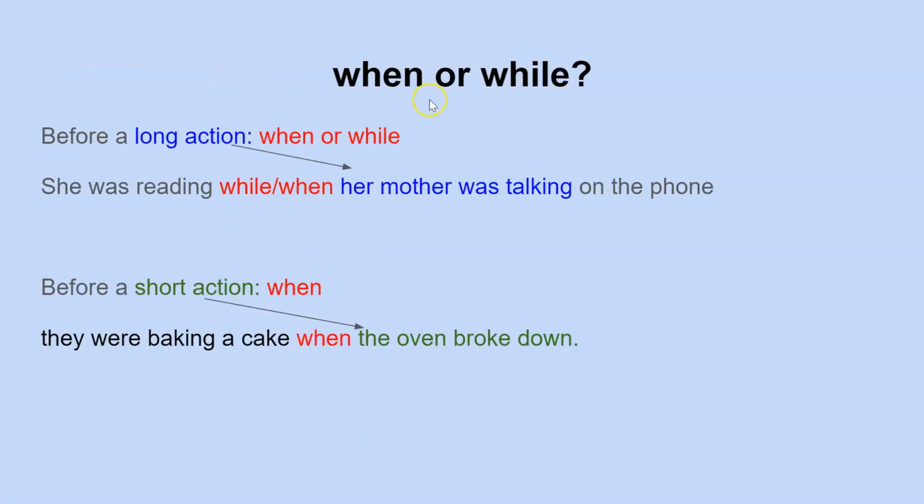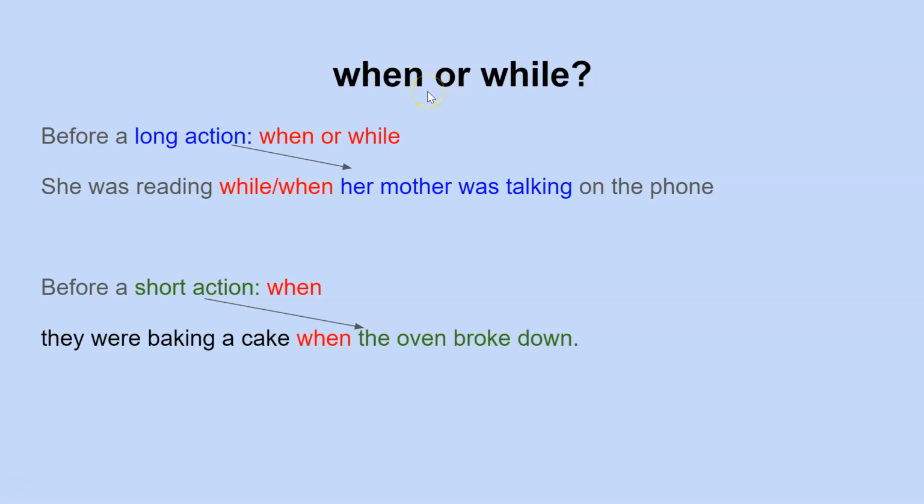Now, when do we use when or while? When or while are used to connect two sentences, one with a past simple and the other with a past continuous, or two actions with a past continuous.